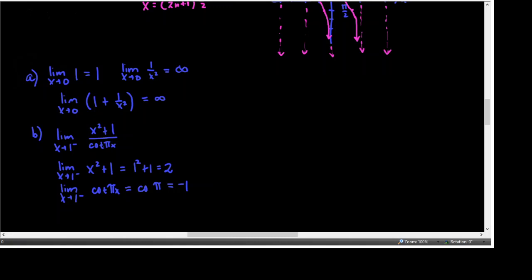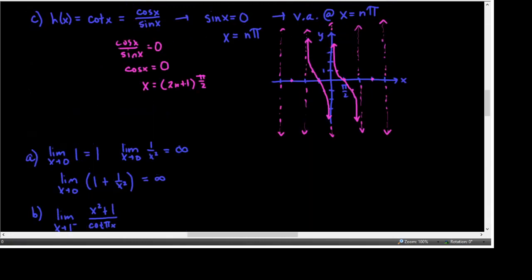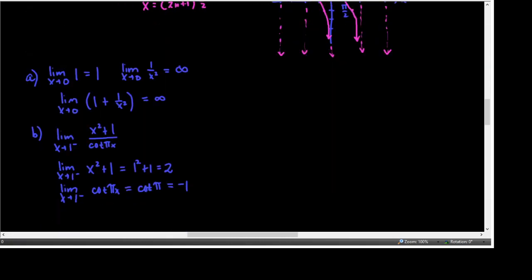And there is no cotangent of pi, so maybe I need to erase. Well, the idea is correct, so I'll leave it alone. There is no cotangent of pi. If you look at the graph to the right and above, at pi, if we're approaching 1 from the left, we're going to have numbers like pi times 0.9, which is less than pi.